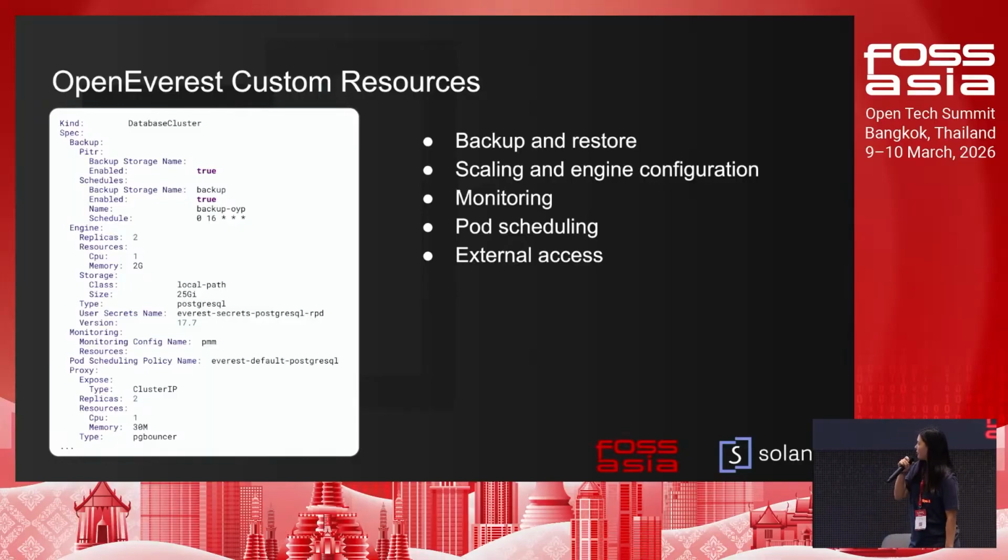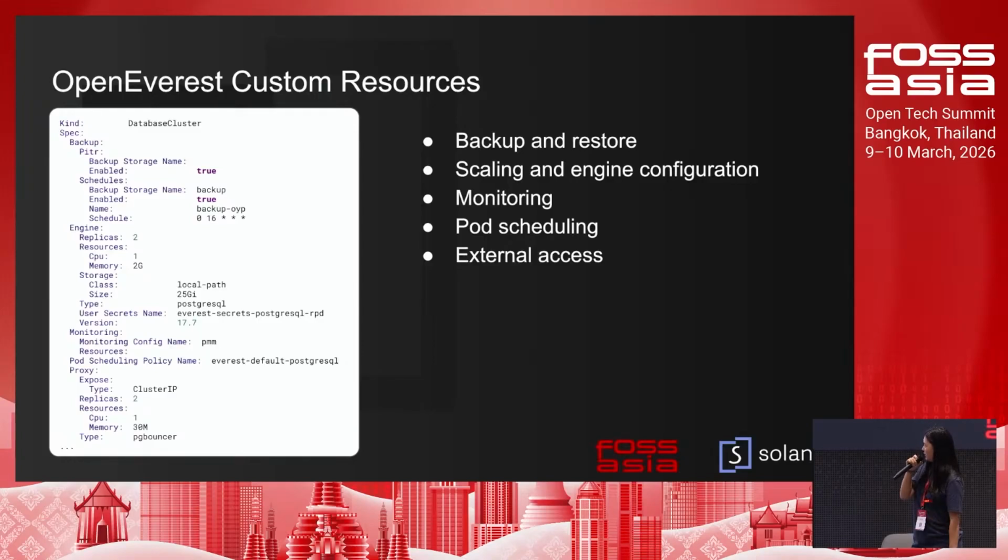Another thing is database engine configuration. While you can define different scaling parameters such as number of replicas and resources for each instance, the only place where OpenEverest specifically configures what database it is for is the type of the database.